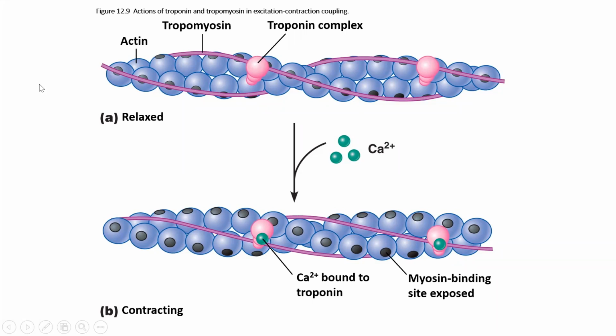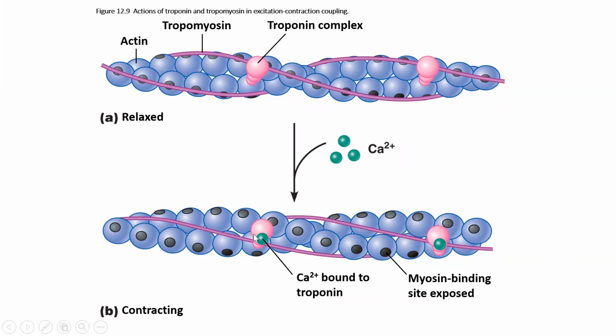So we can compare the relaxed state of muscle, where troponin is not bound by calcium because there's no calcium in the sarcoplasm, and so it's keeping the tropomyosin attached to these binding sites and preventing myosin from making an interaction. And then we can compare that to the contracted state of the sarcomere or of the muscle itself, where calcium is now present. It's washed out of the sarcoplasmic reticulum.